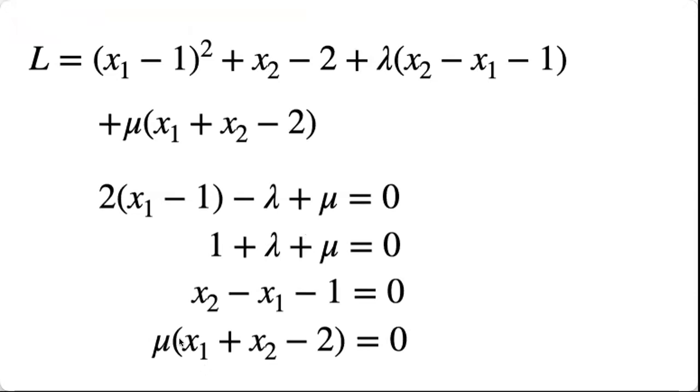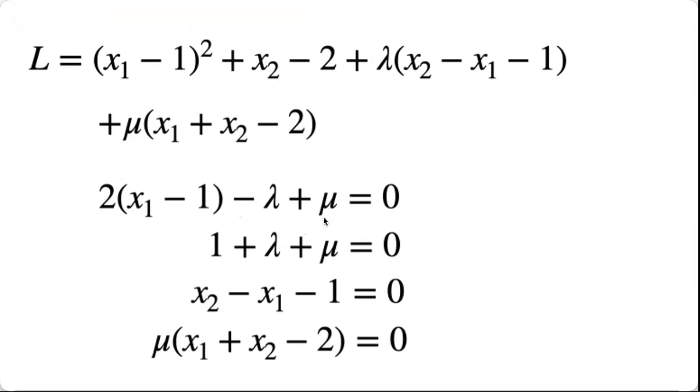Substituting mu equal 0 here, we get 2 times x1 minus 1, and since lambda is minus 1, it becomes plus 1, and this is 0.